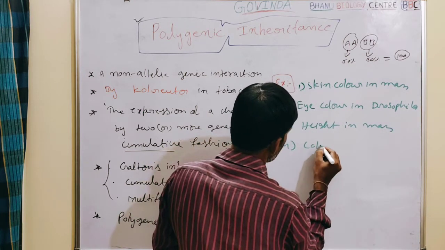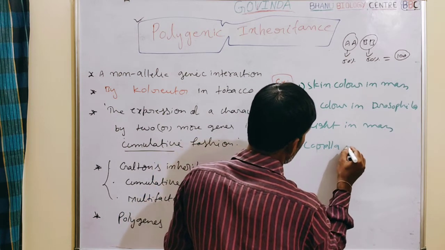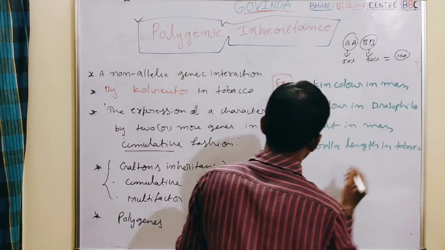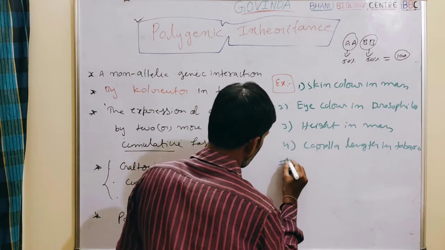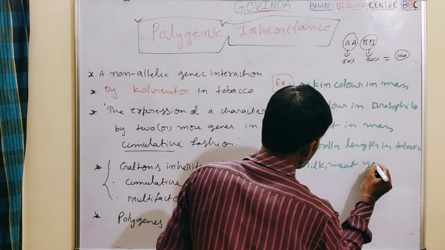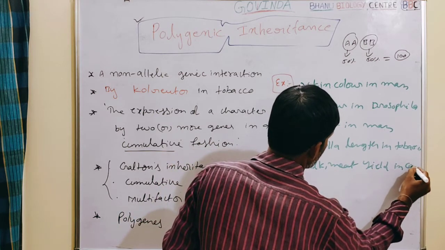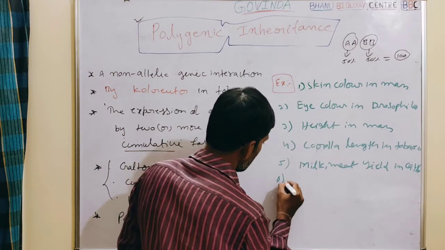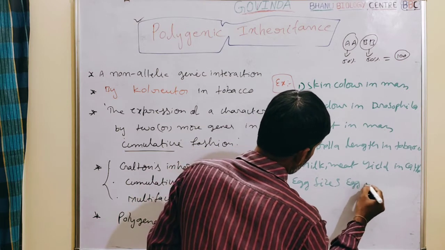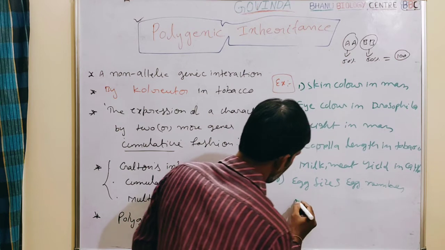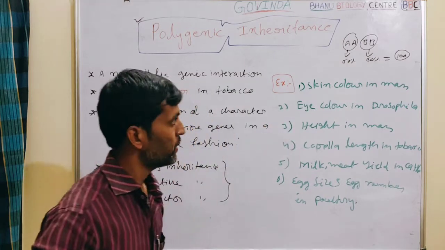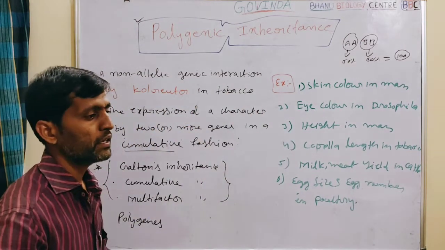The fourth one is corolla length in tobacco plant. Then the fifth one is meat yield in cattle. Then egg size and egg number in poultry. So these are a few examples for polygenic inheritance.